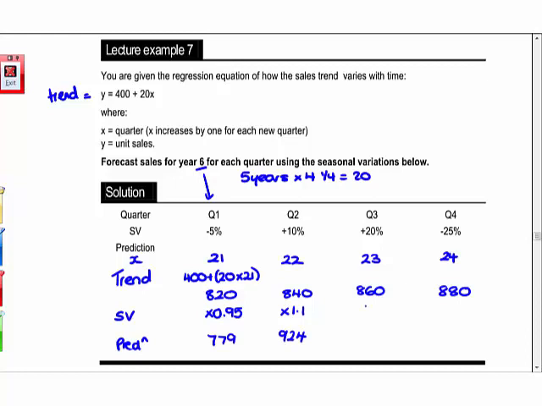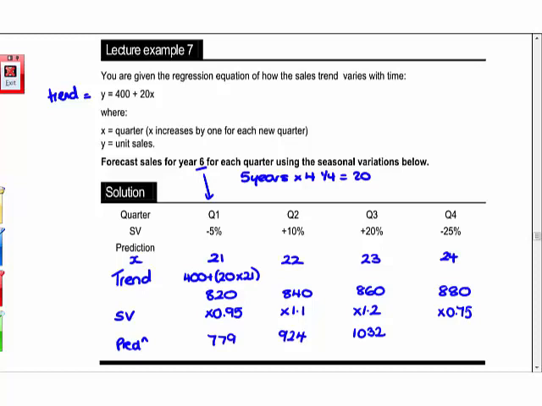For quarter 3, it's +20%, so we're going to multiply by 1.2. So our prediction is 1032. And finally, for quarter 4, it is 25% below, so that's 75% of the trend.